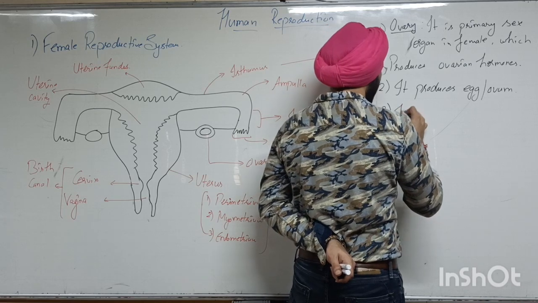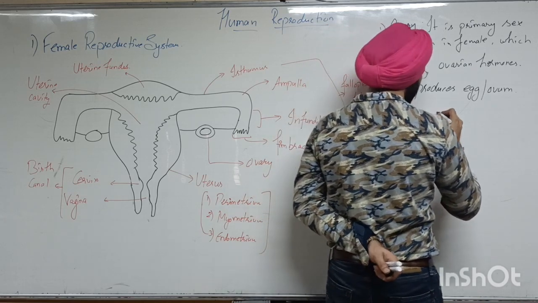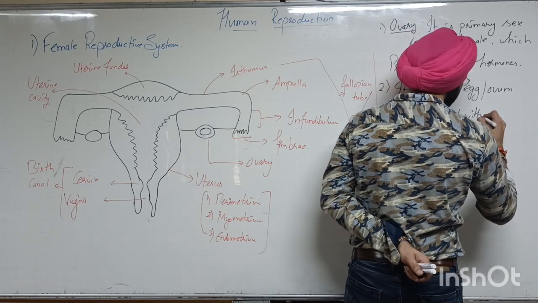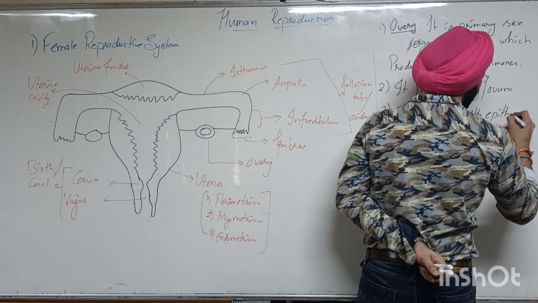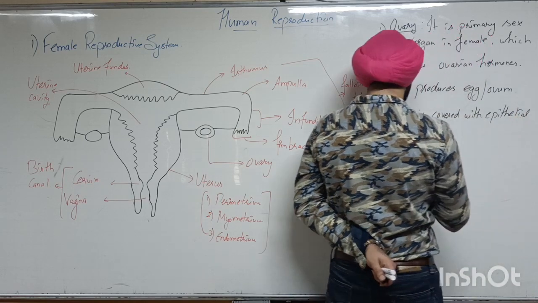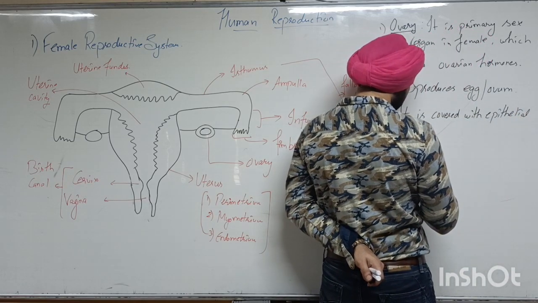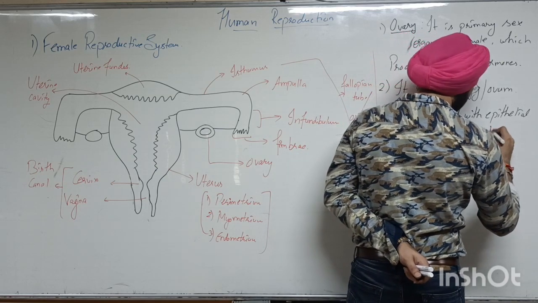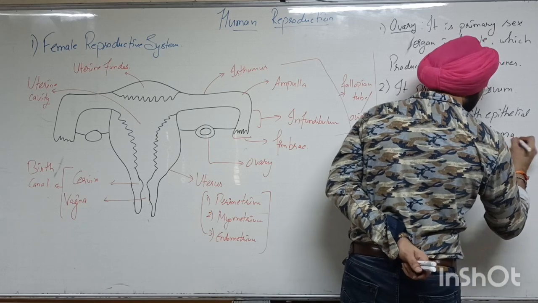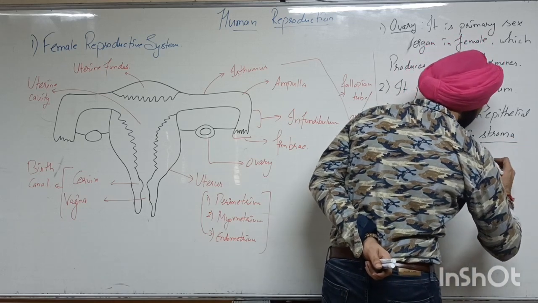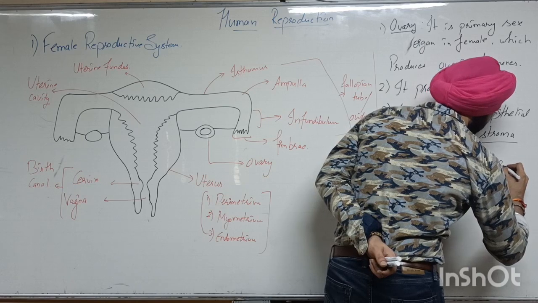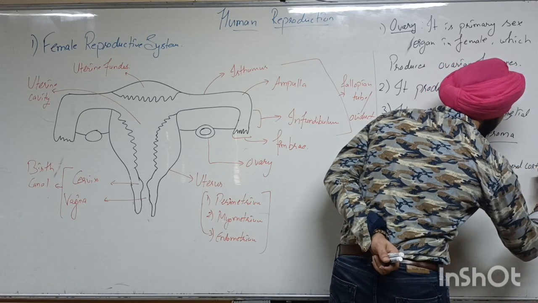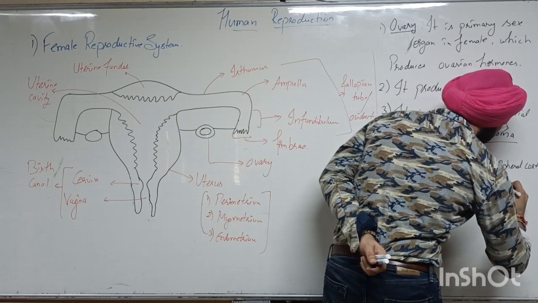The third point is it is covered with an epithelial layer and contains stroma, which is made up of two parts: the peripheral cortex, and the internal part known as the medulla.